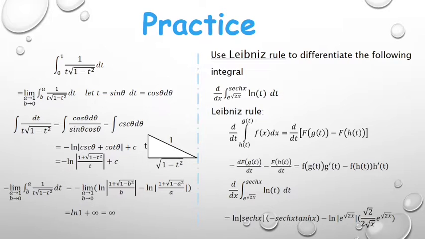So we have to add a limit to this entire problem, and it becomes the limit as a goes to 1 and b goes to 0 of the integral from b to a of 1 over t times root of 1 minus t squared dt. And then we can do it normally. We can use trigonometric substitution for this, and it becomes a really simple equation, and we get the answer right there.